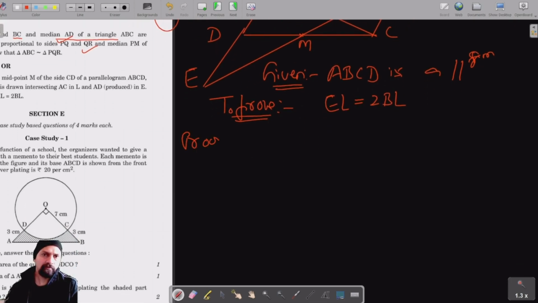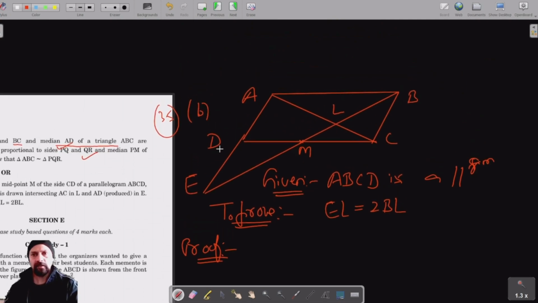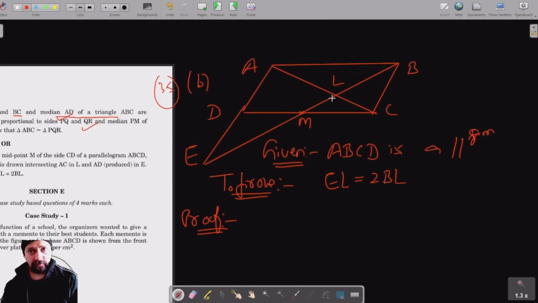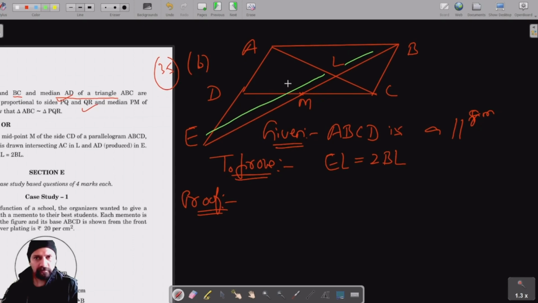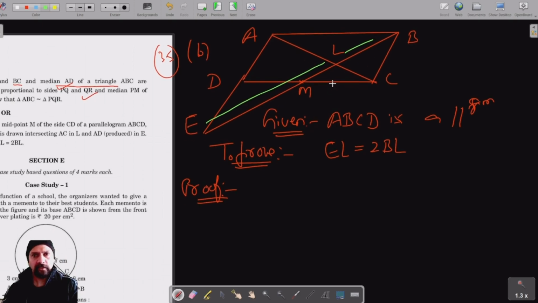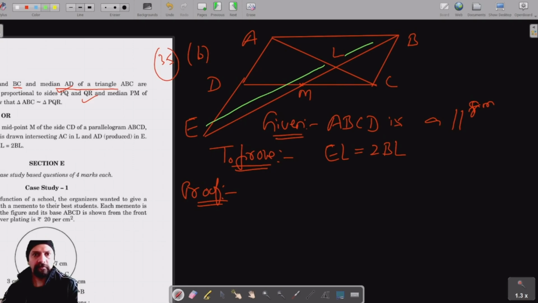Okay, so to prove that, this is EL and BL. So these are in the triangles. EL is in the triangle AEL and BL is in the triangle ALB. So first of all, let's consider these triangles, and these triangles are BMC and EMD.